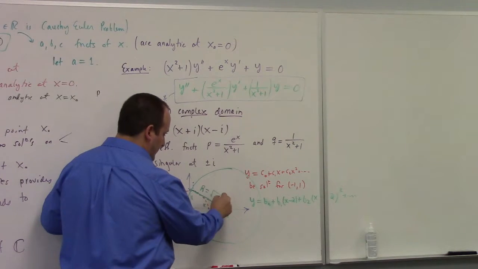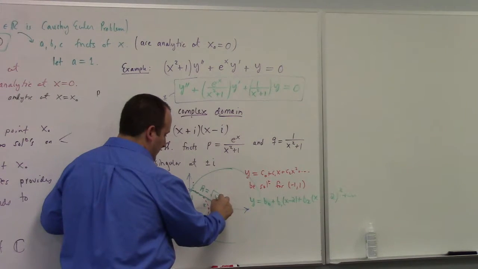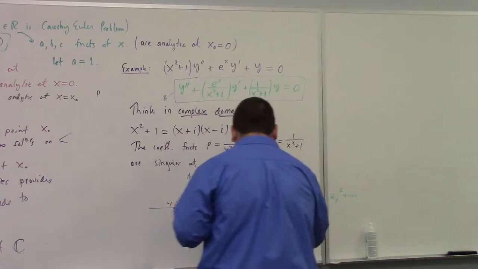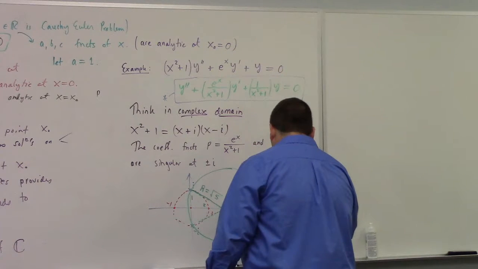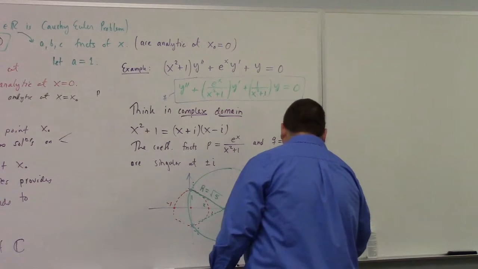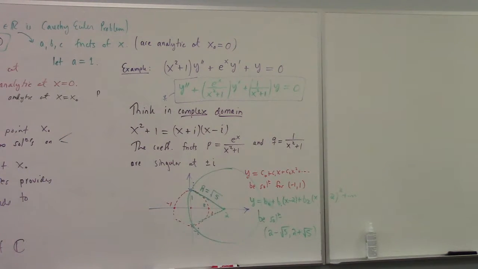R is the square root of 1 squared plus 2 squared, which is square root of 5. So the solution will be on the interval 2 minus root 5 to 2 plus root 5, square root of 5 either side of the center point. That's what the theorem tells us.